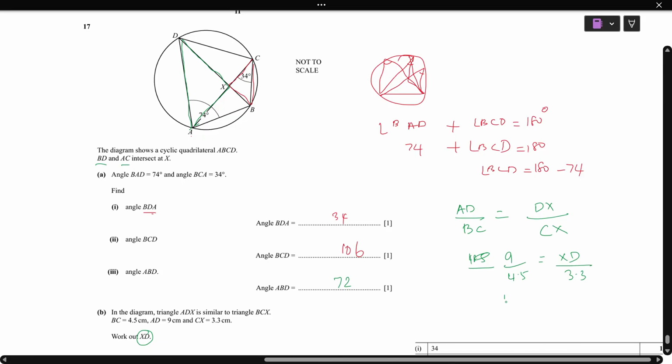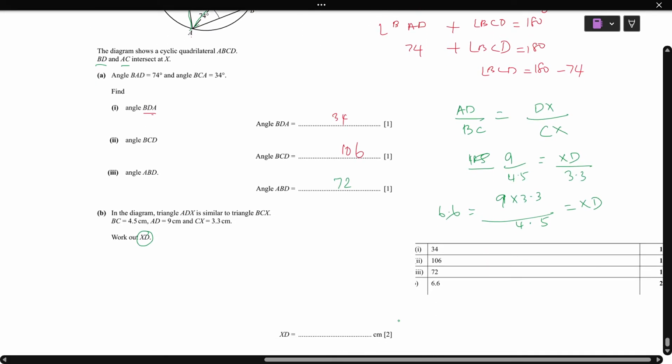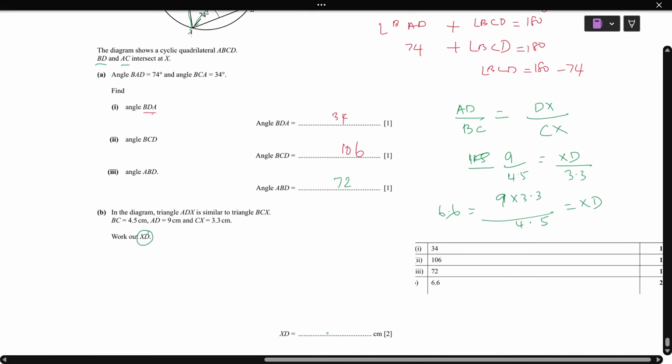Now we need to calculate XD equals 9 times 3.3 over 4.5. The answer is going to be 6.6. So this answer is 6.6 centimeters.